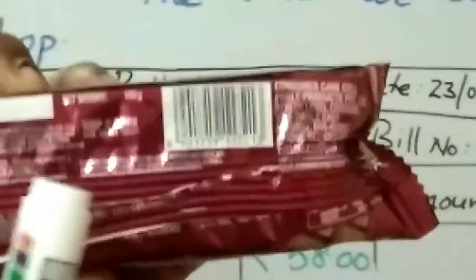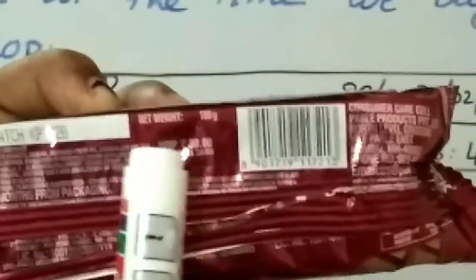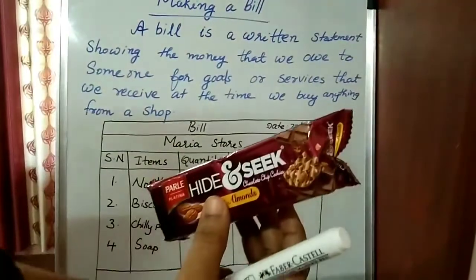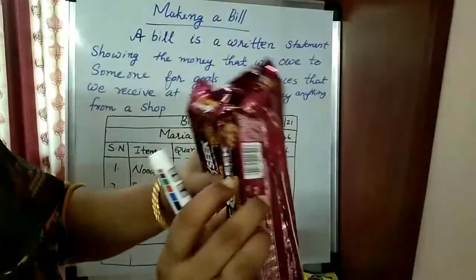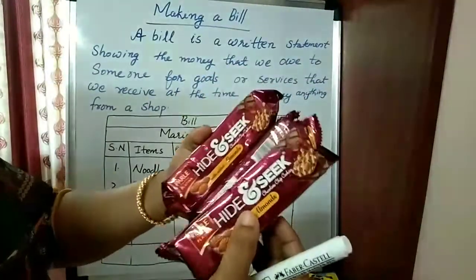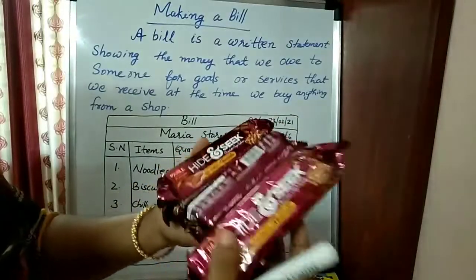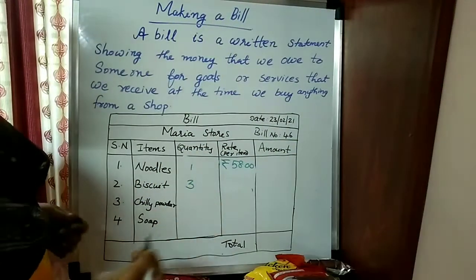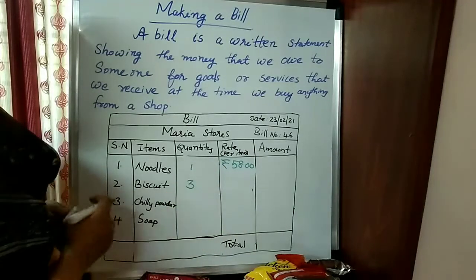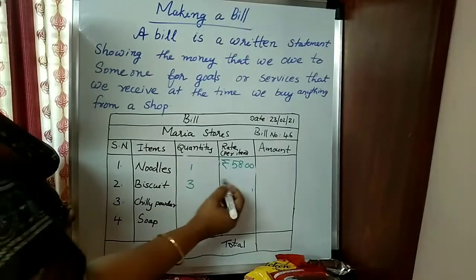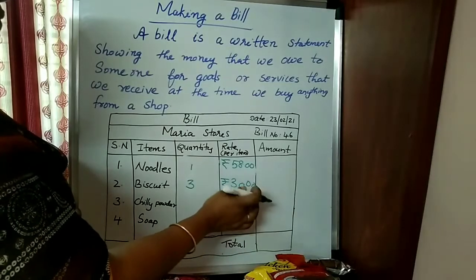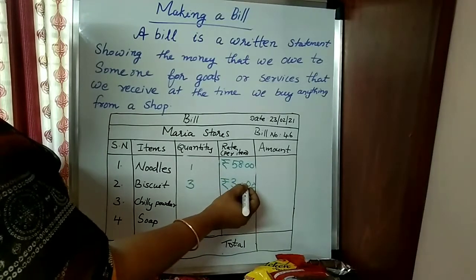This is the cost of this packet of biscuits, that means rupees 30. How many packets are there? 3. So under quantity, here you write 3 packets of biscuits. Then rate per item, the cost of each item, is rupees 30.00.